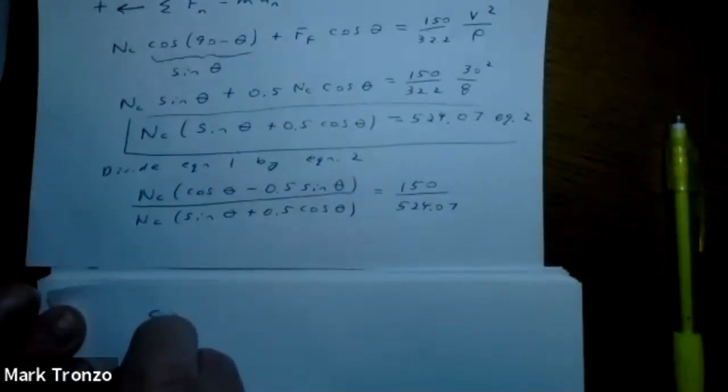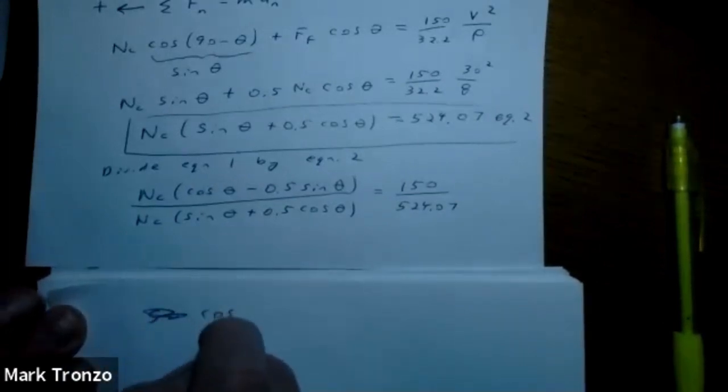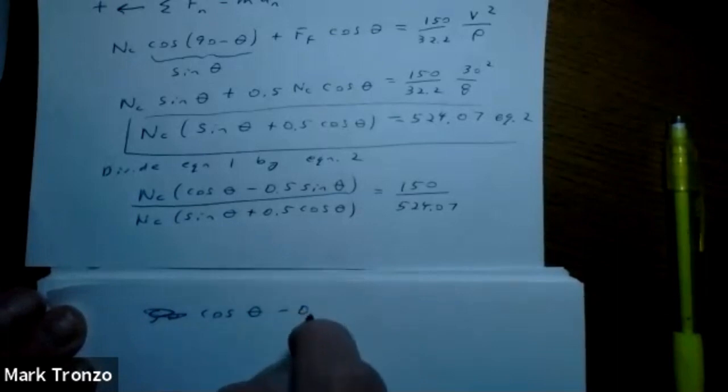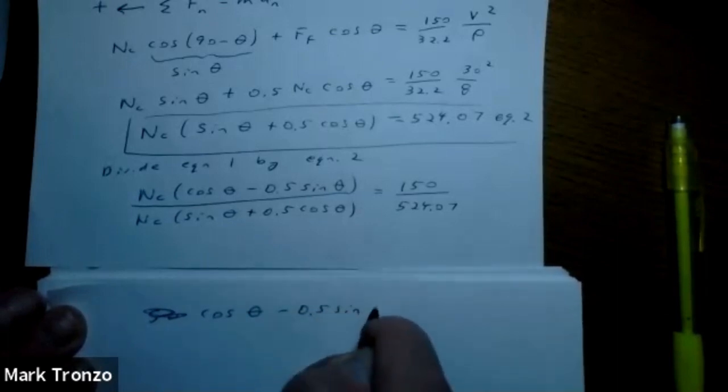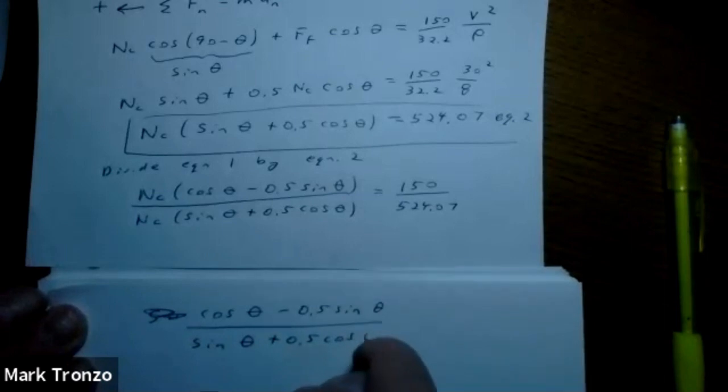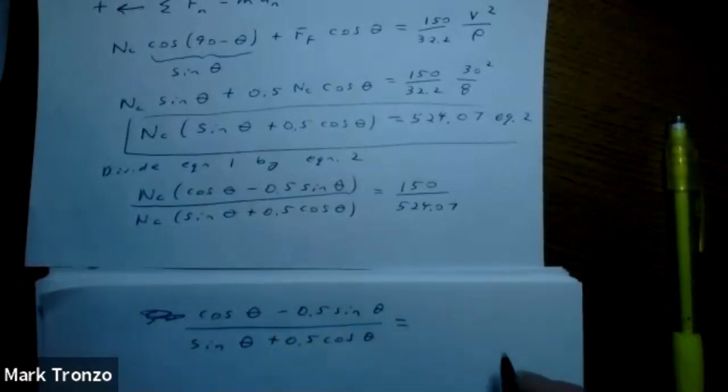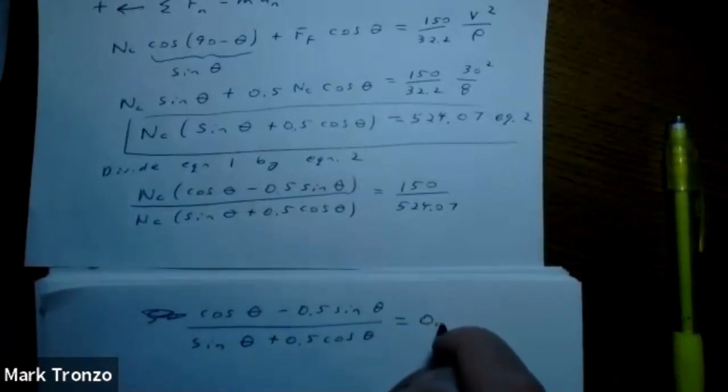And then we get cos theta minus 0.5 sine theta over sine theta plus 0.5 cos theta, and the right-hand side is going to be 0.286.